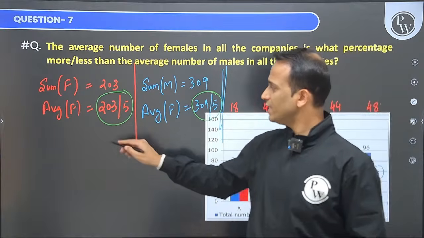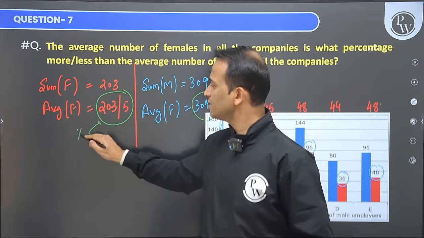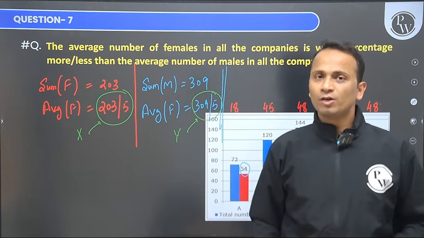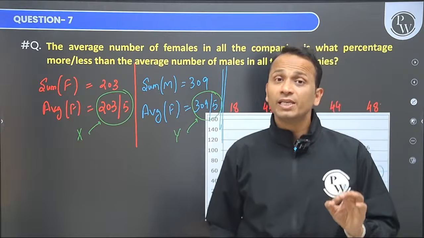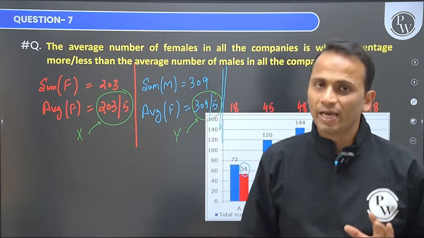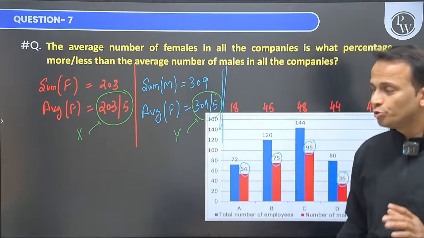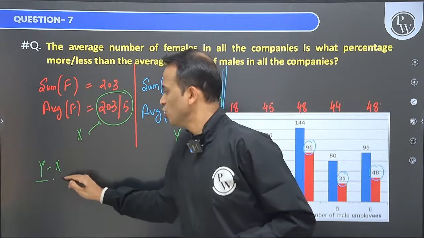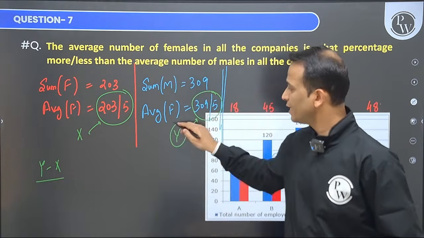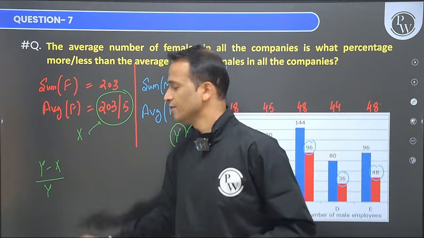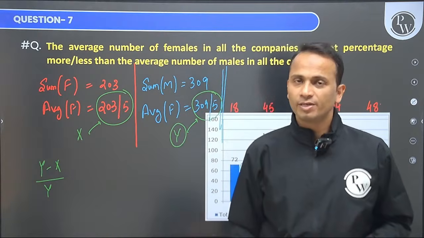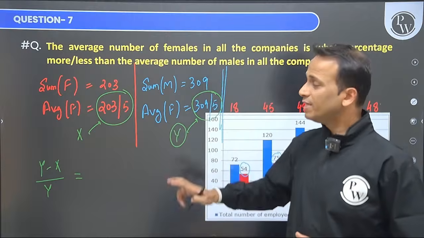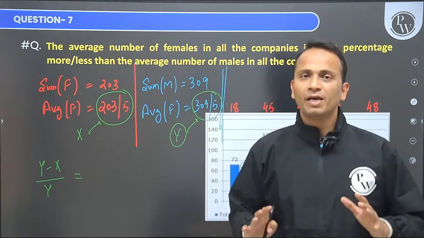So let's say this number is x and this number is y. We'll have to find out x is what percentage less than y. So my expression should be (y minus x) divided by the second number, which is y, multiplied by 100. So their difference divided by the second number multiplied by 100.